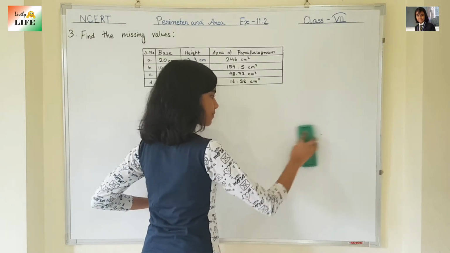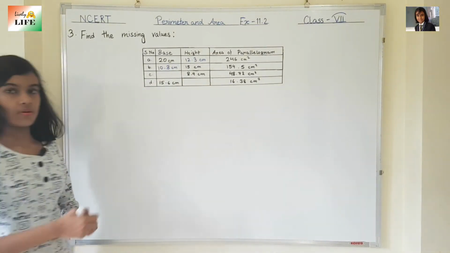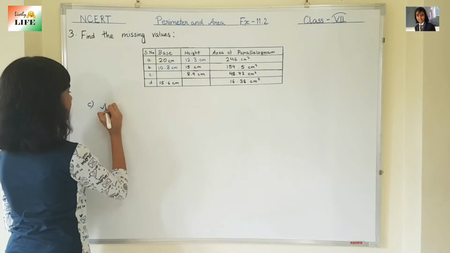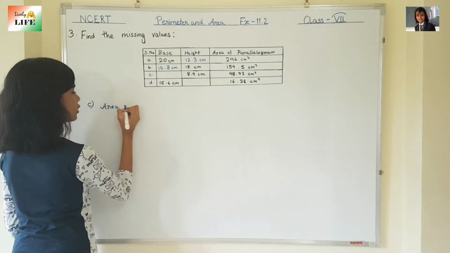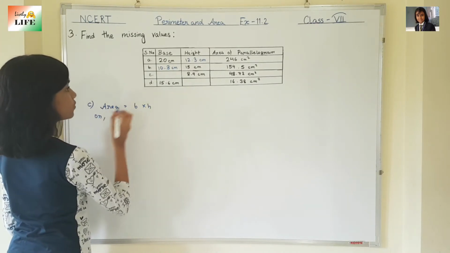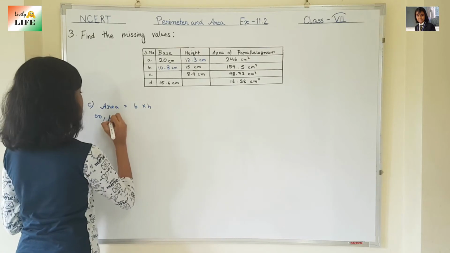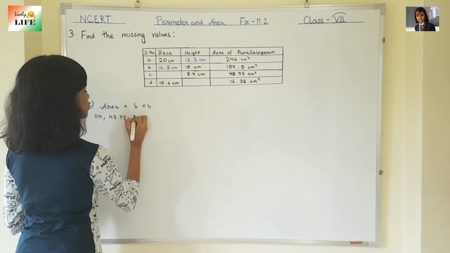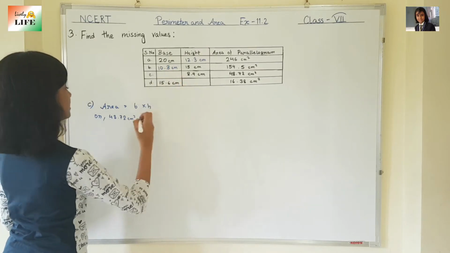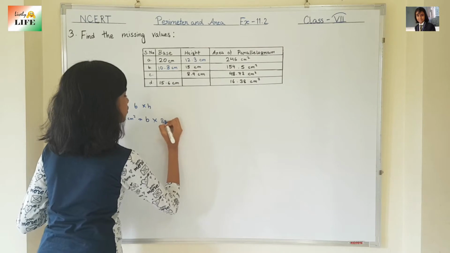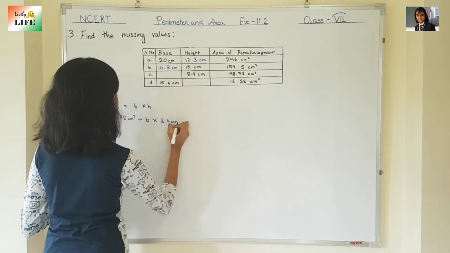Now number C. Same thing, area is equal to base into height, or area is what? 48.72. 48.72 centimeter square is equal to, base is not given, B into 8.4 centimeter.